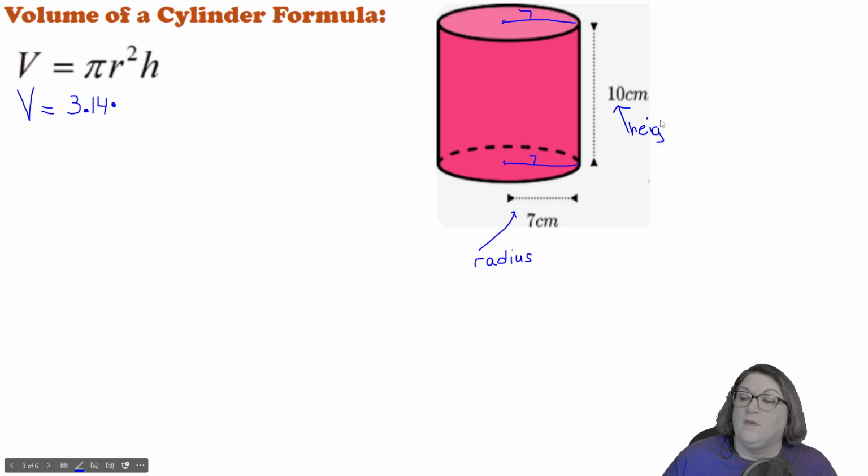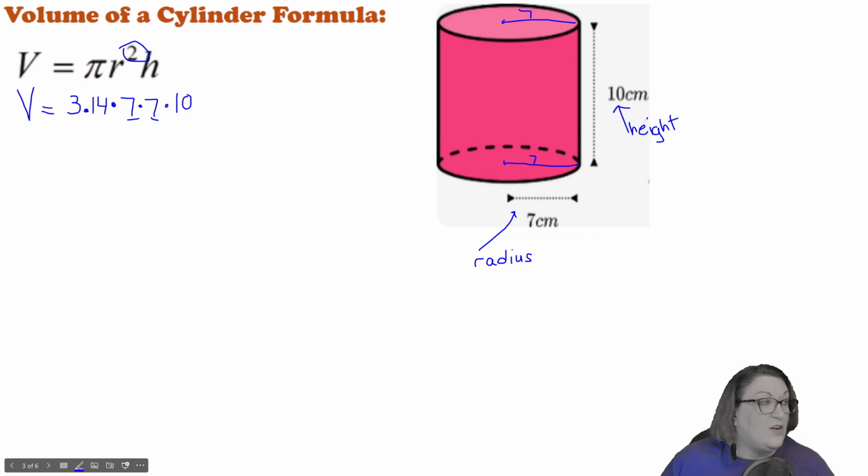And now we're going to calculate. Radius squared would be radius times radius. And then, of course, when we multiply it times the height, that'll be times 10. Okay, so exponent of 2 means there's 2 7s, right? 7 times 7.